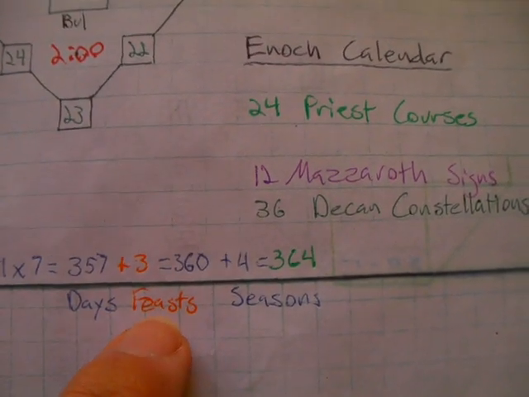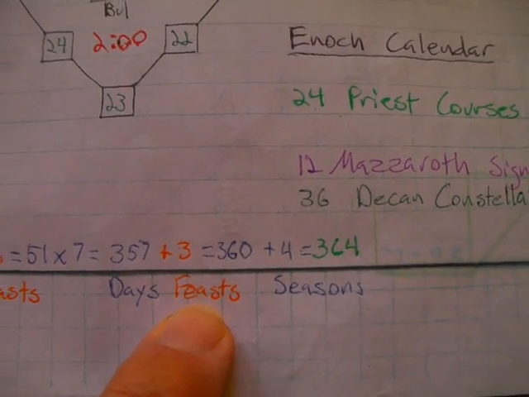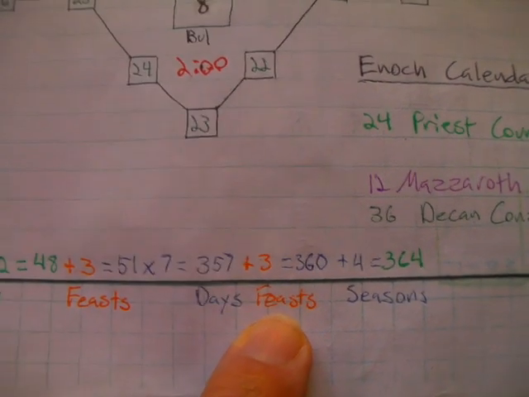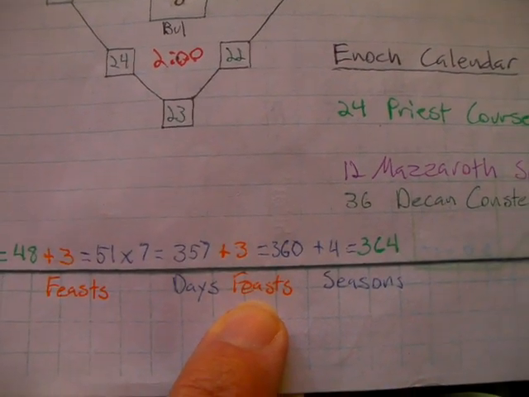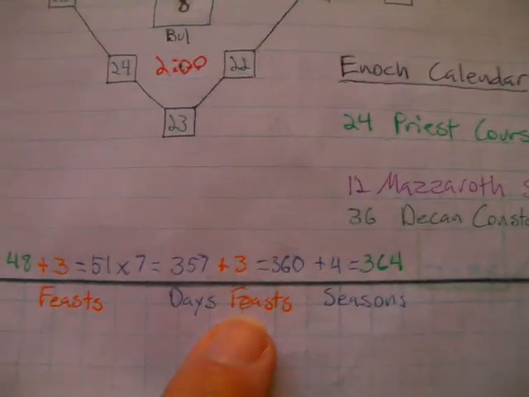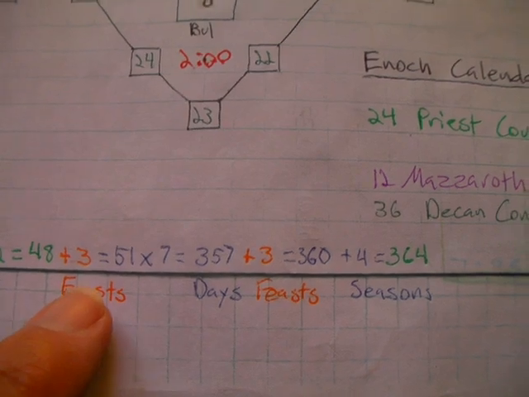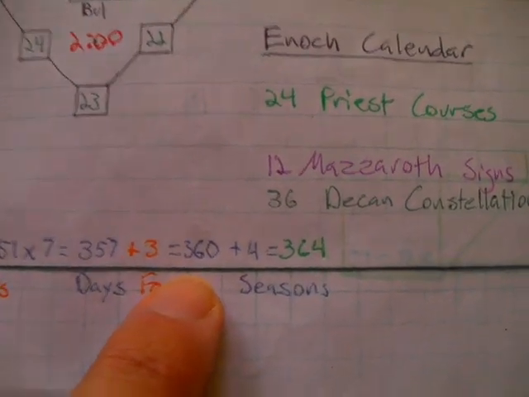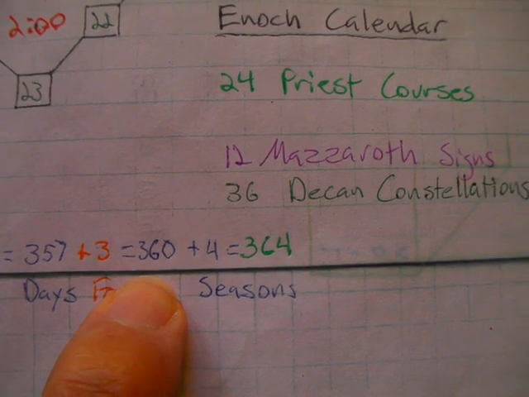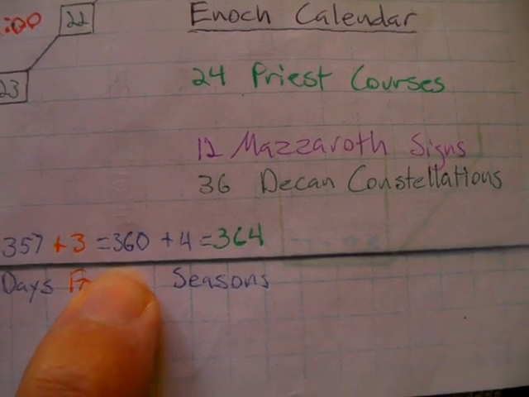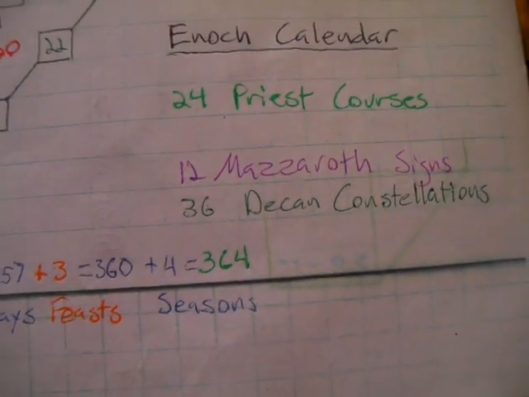There are 3 additional feasts which are not attributed to those weeks, they're days. Now the reason there's a total of 7 feasts, but first fruits and unleavened bread fall on the same day. So we're adding 3 days. So we have 3 feast weeks, 3-day feasts, which brings us to God's order of a 360-day calendar. Now this you will not find if you follow the moon.